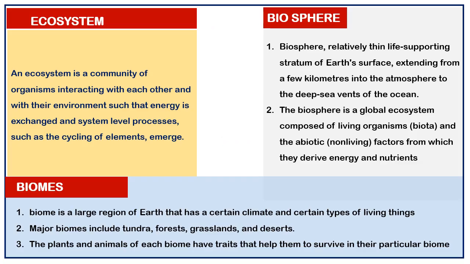Now ecosystem, biosphere and biomes again. So it is the same definition. So ecosystem, the only keyword is the interaction. Biosphere means that is survival, that is life supporting on the earth, that is known as biosphere. As well as biosphere consists of living things as well as the non-living things. Okay, biome means it is a region on the earth based on the certain climate.